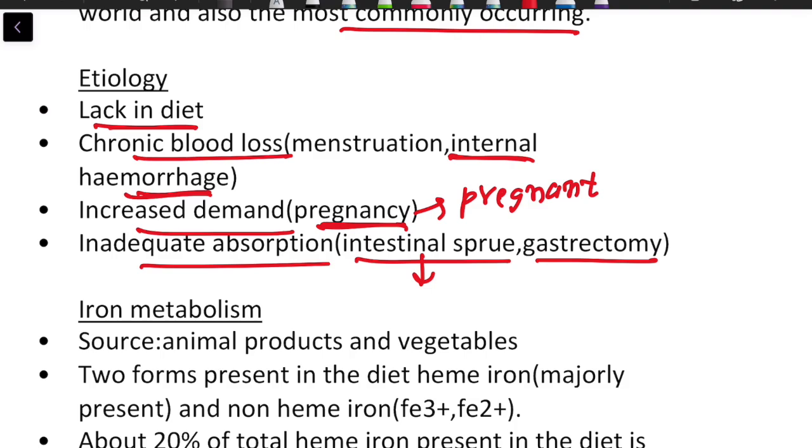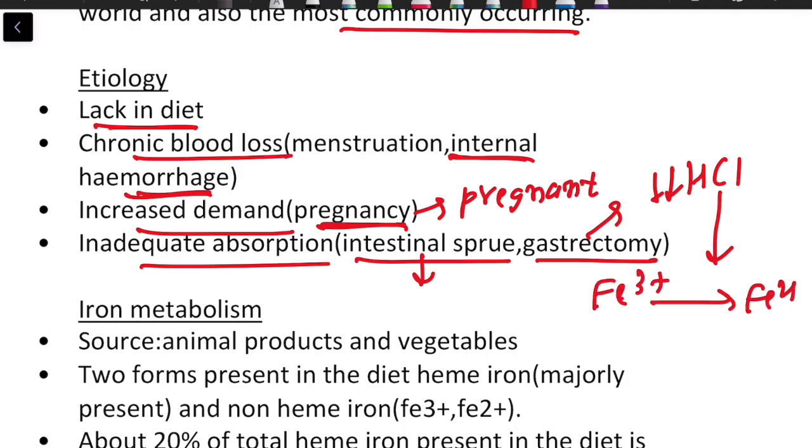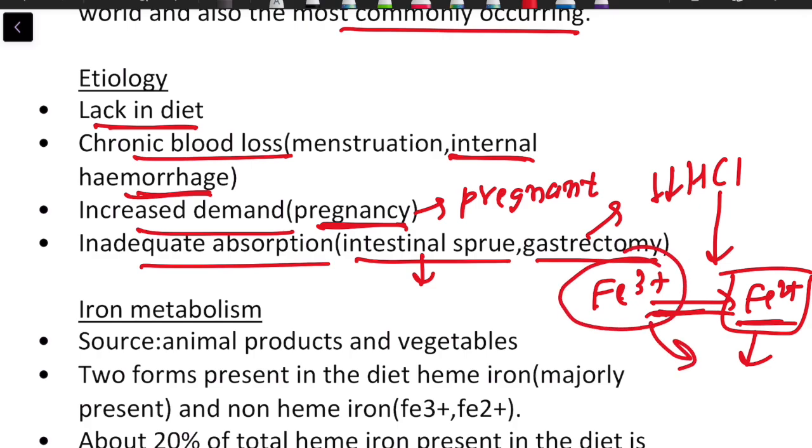And in gastrectomy, there is decreased secretion of HCl or hydrochloric acid. Hydrochloric acid is required for converting Fe3+ to Fe2+, and this Fe2+ is what is absorbed in the GIT. So when this process does not occur, most of this inorganic iron will be lost in the feces and will not be absorbed. So this can lead to iron deficiency anemia.